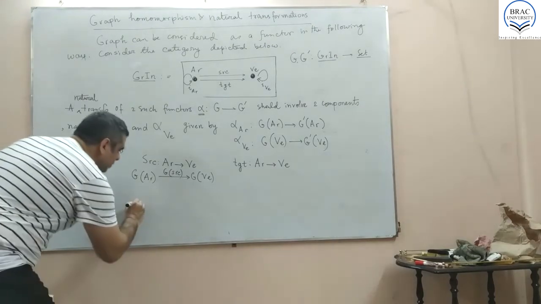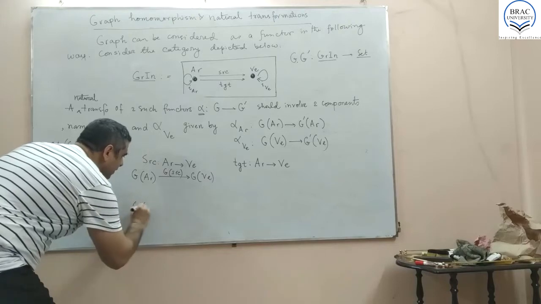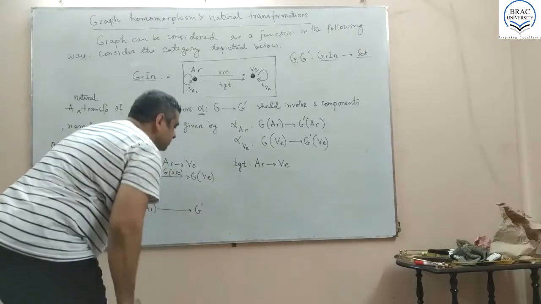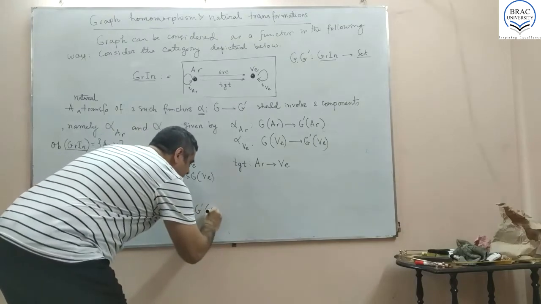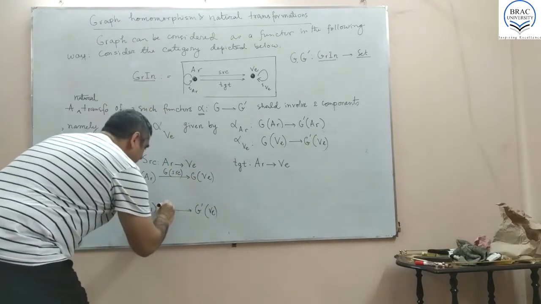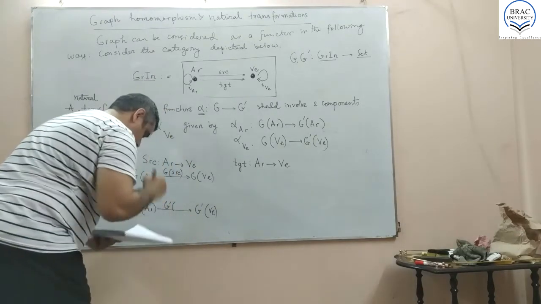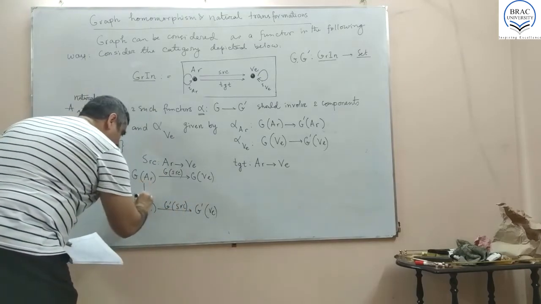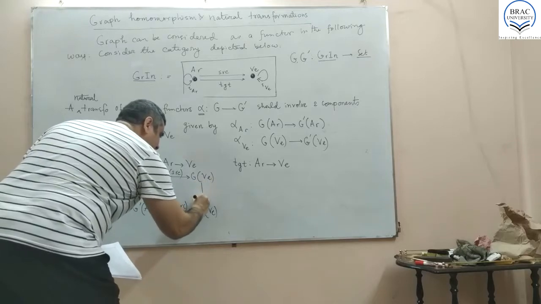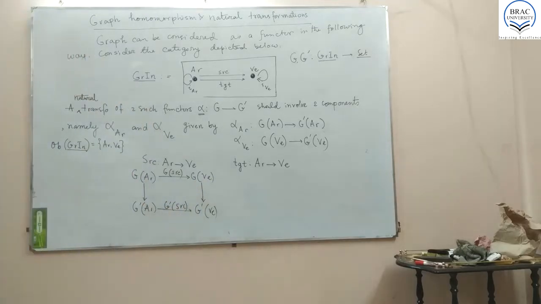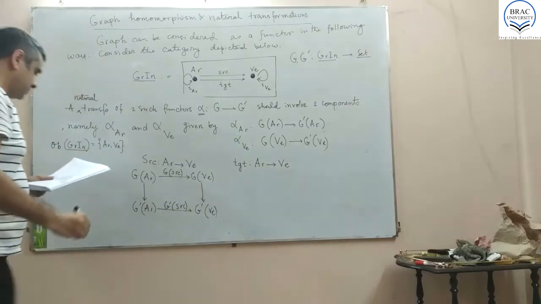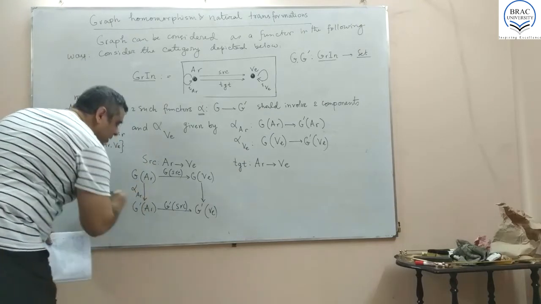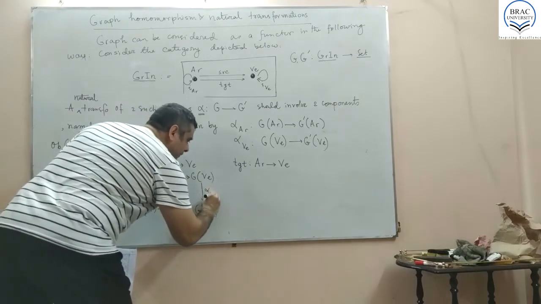And then we have for the other functor G prime VE, and this is G prime SRC, and there are these two components of the natural transformation, alpha sub AR and alpha sub VE. Okay?